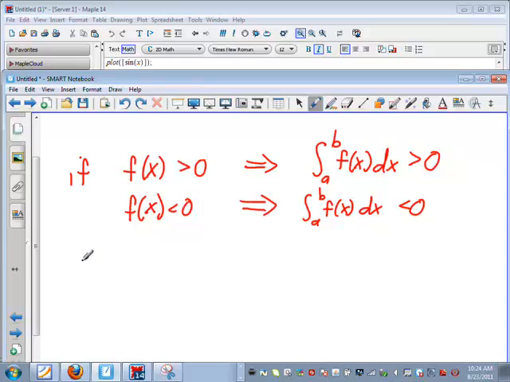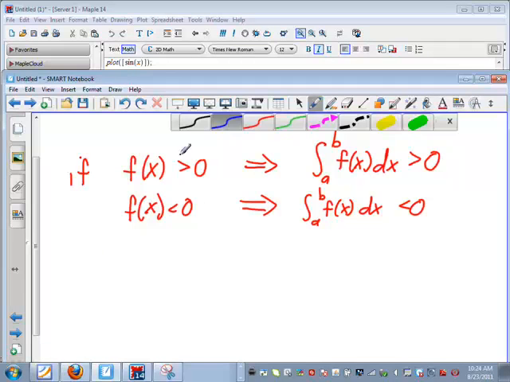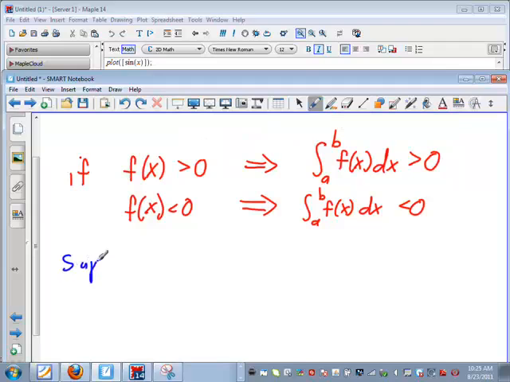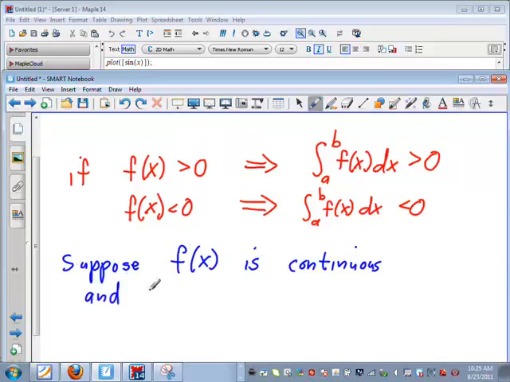Here's my question to you. Suppose I told you that f of x is continuous and that it was never under the x-axis.